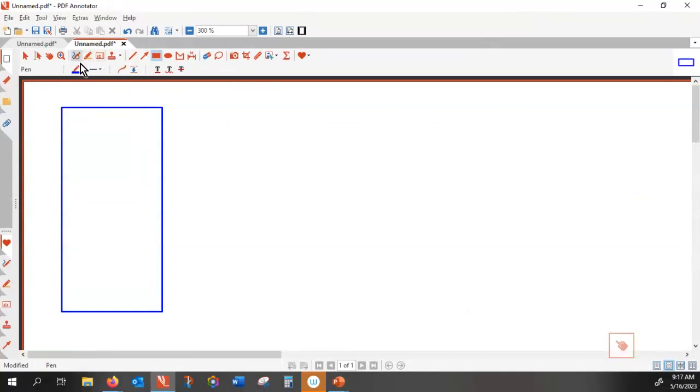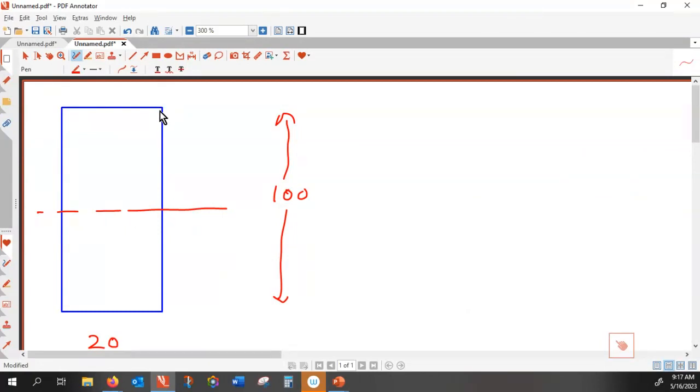This rectangle is 20 millimeter in width and 100 millimeter in height. Okay, and that's the neutral plane. The neutral plane is right in the middle, 50.